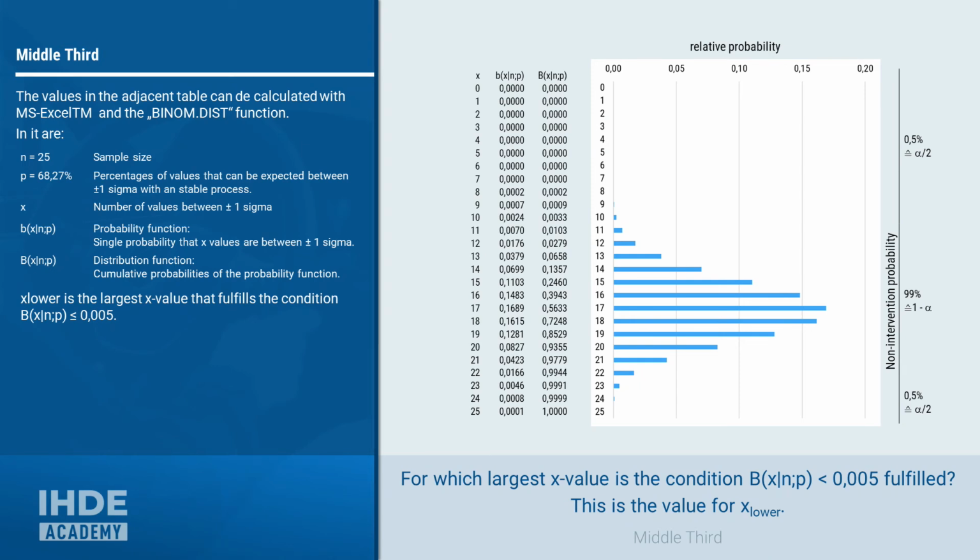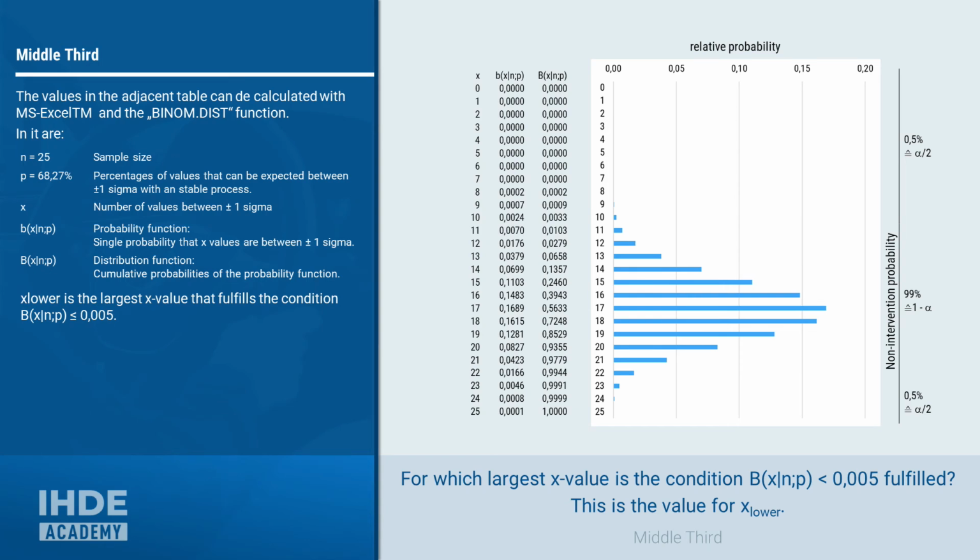The probability of an intervention is therefore less than 1%, as indicated on the left of the diagram. Since there is a lower and an upper control limit, the 1% is divided into 0.5% for the upper value and 0.5% for the lower value, or 0.005 expressed in relative probability.